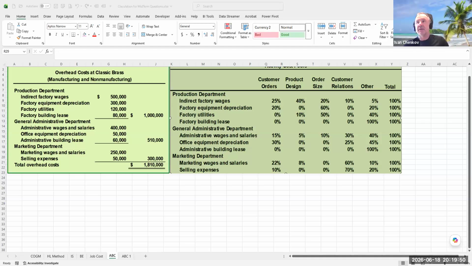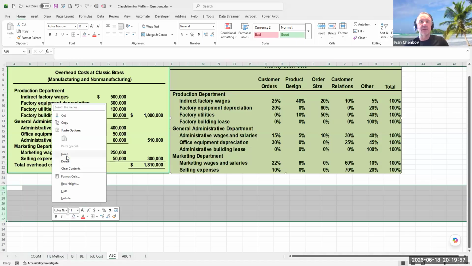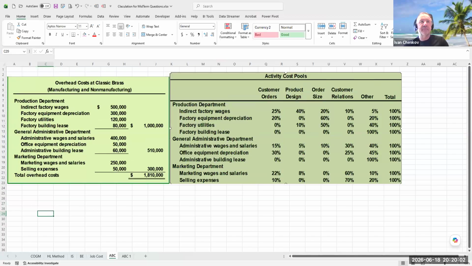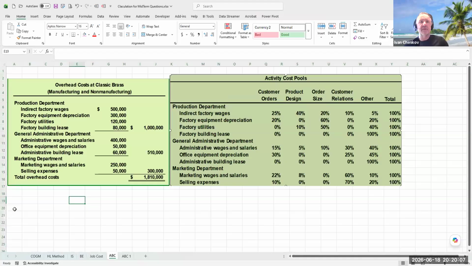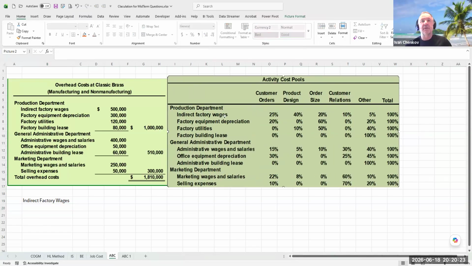So let me see. I'm going to do it only for one cost. Let me increase it a little bit. Let's say we have the indirect factory wages as the cost element. What else do I have?